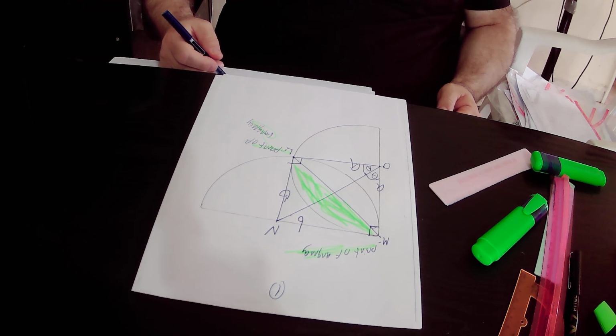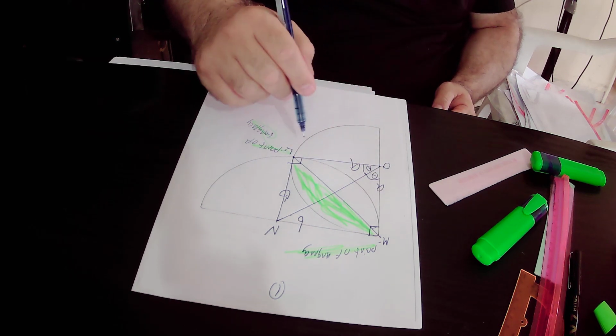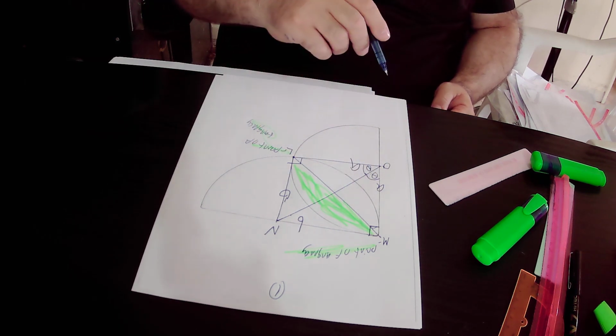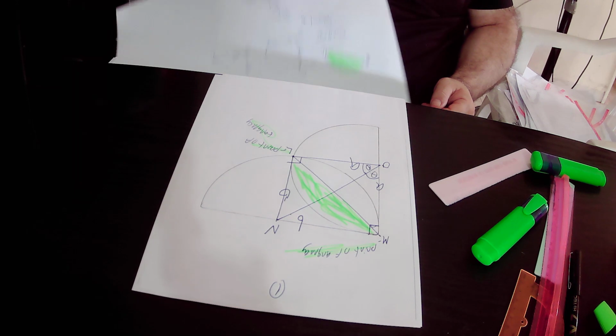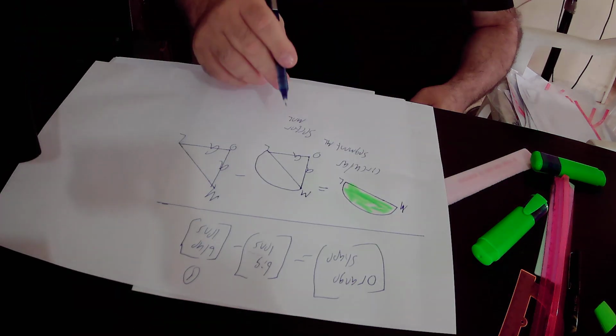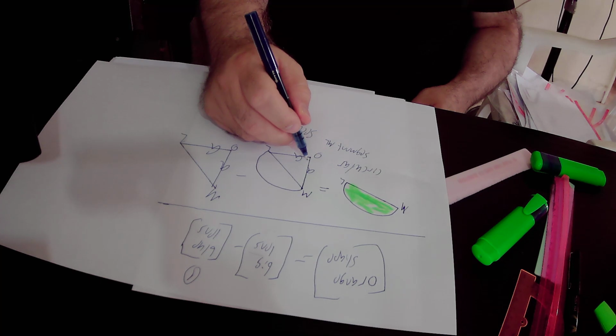So we found out that the angle between the legs of sector MOL equals theta plus theta, that is 2 theta.